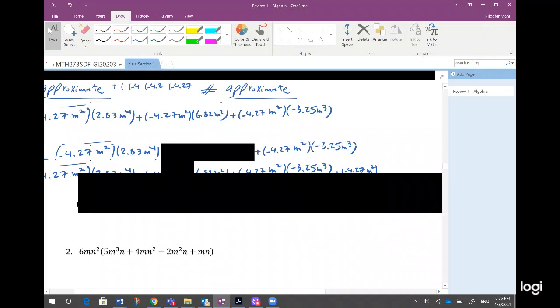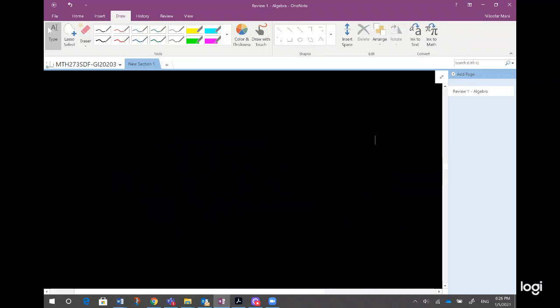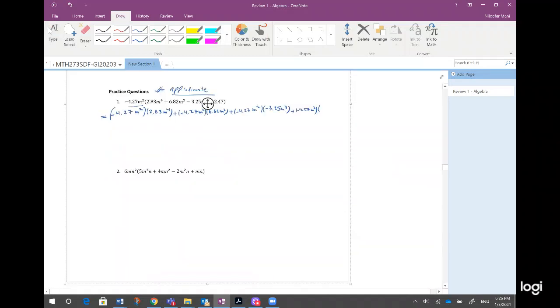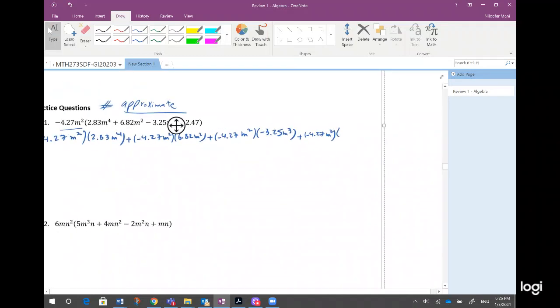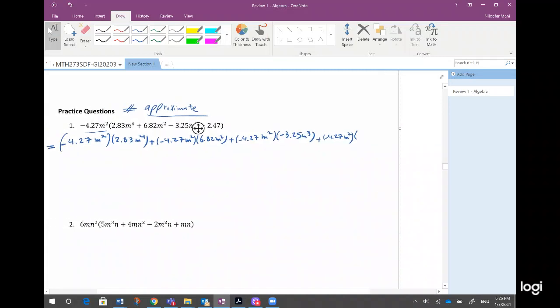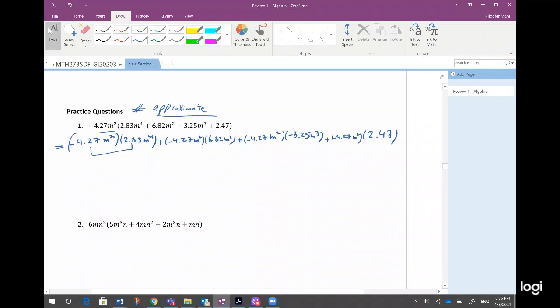Number multiplied by number, m squared multiplied by m power 4. Positive and negative makes it negative.